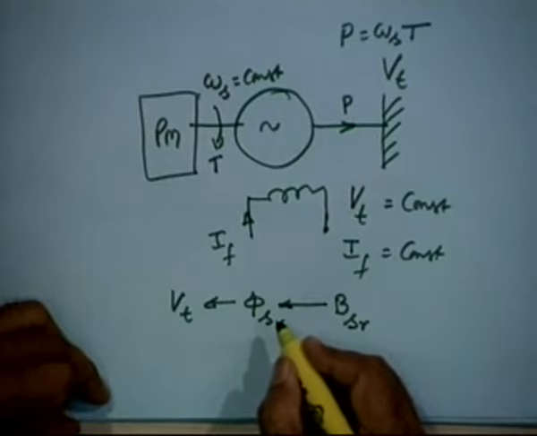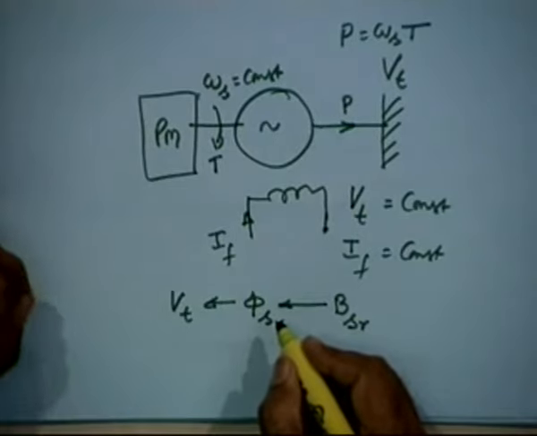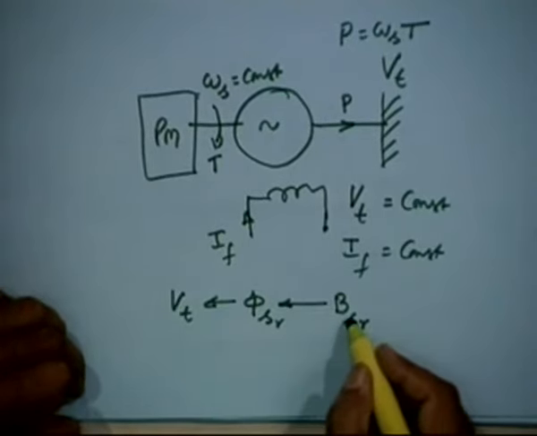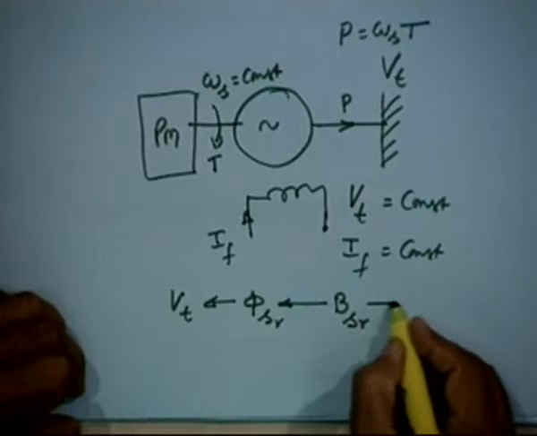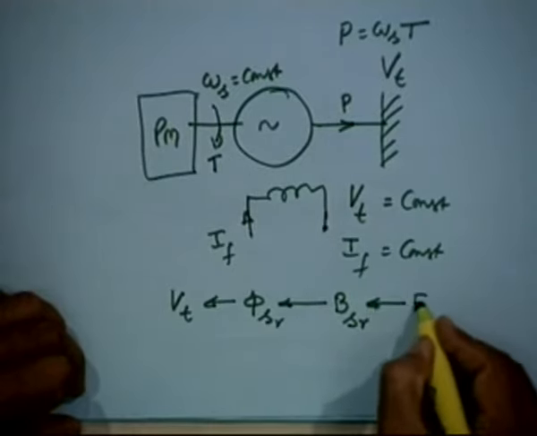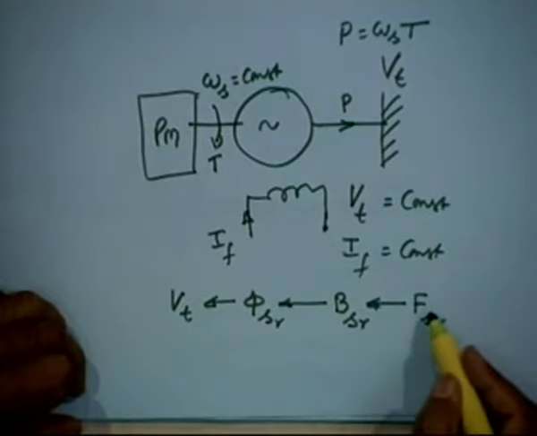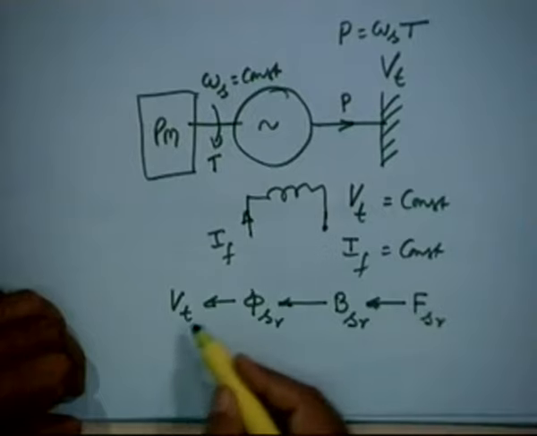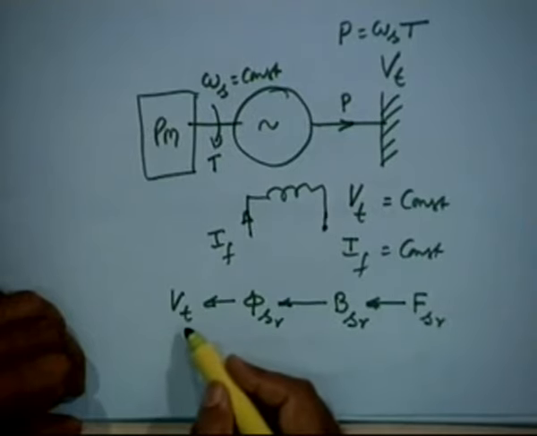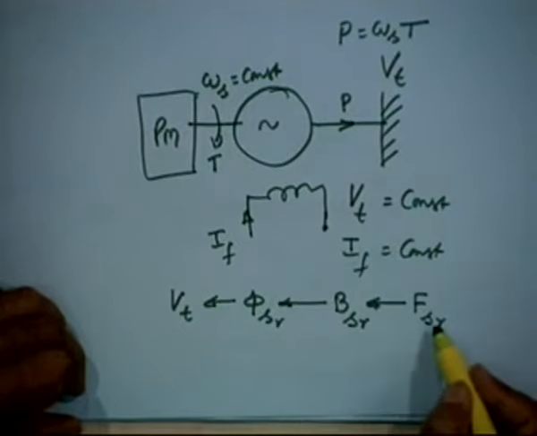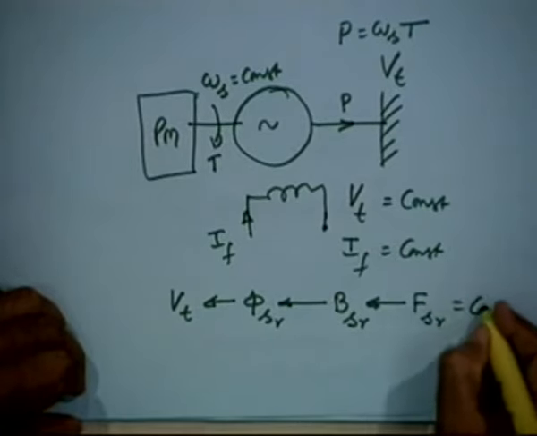What is phi SR? It is the resultant flux per pole in the air gap, and that is given by the resultant flux density rotating at synchronous speed in the air gap, and that is given by the resultant peak of FSR. So your source is FSR, and now if this is constant, this is constant, this is constant, and this is constant.